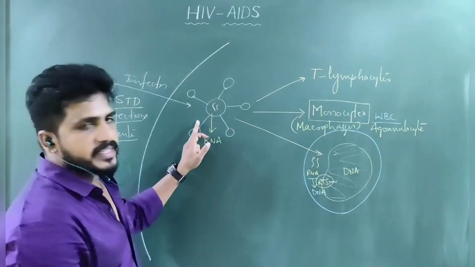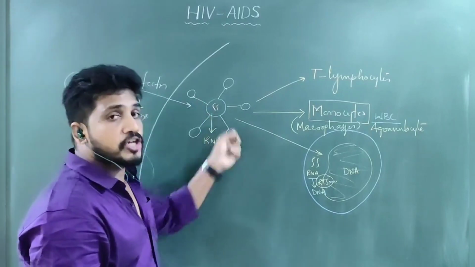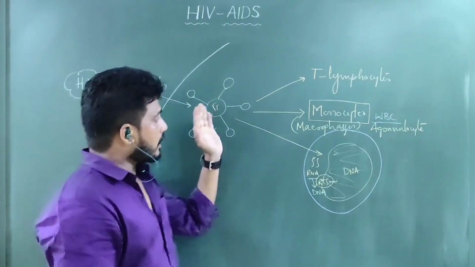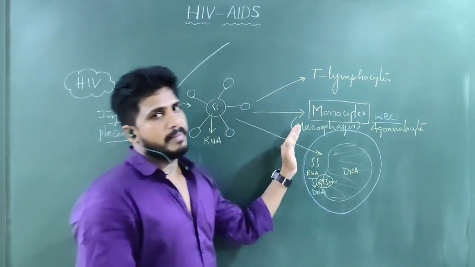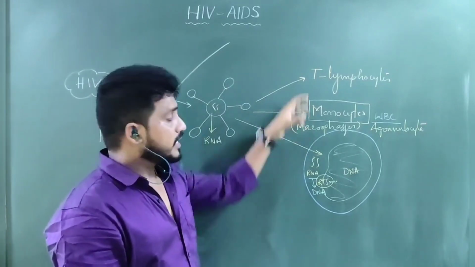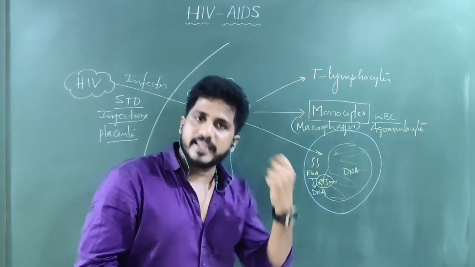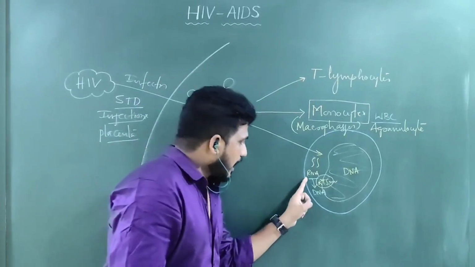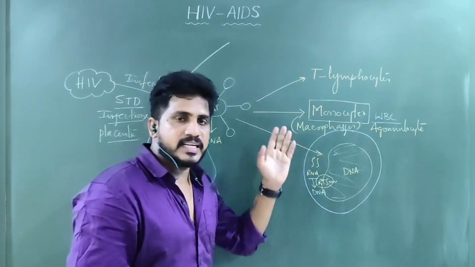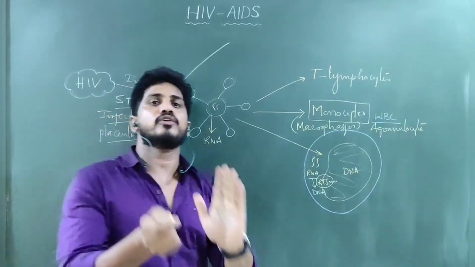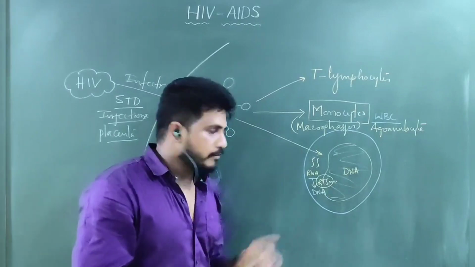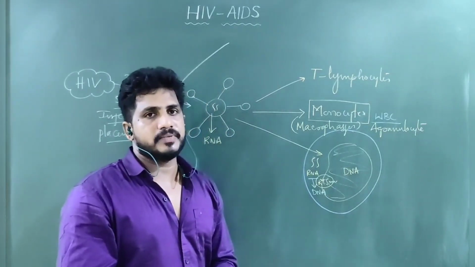Reverse transcriptase is also present in this virus, associated with the RNA. That RNA is injected into the macrophages, nothing but monocytes. Inside the monocytes, after infection, the RNA of the HIV virus converts into DNA in host cells with the help of the reverse transcriptase enzyme.